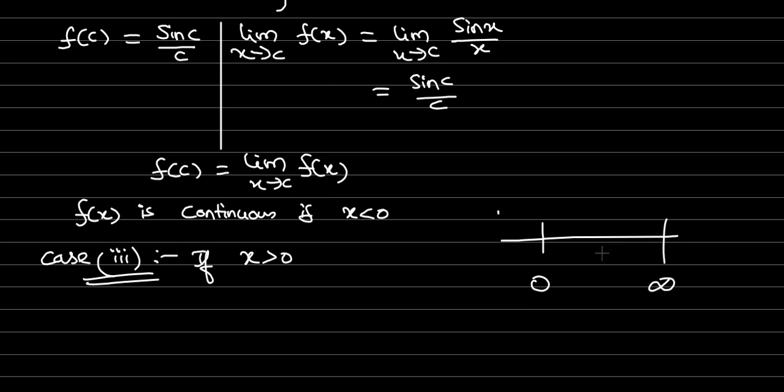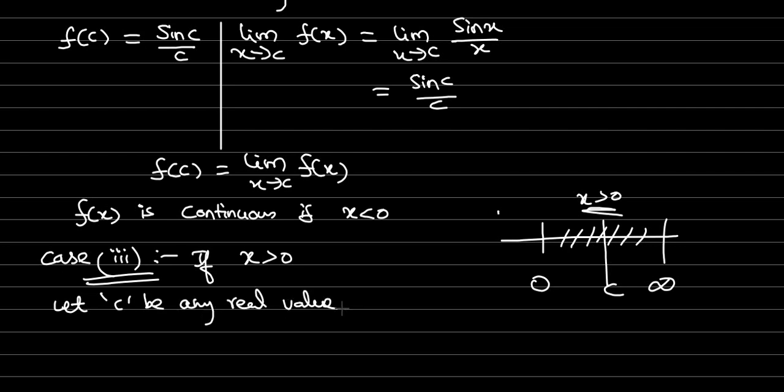So in this interval basically we are going to check the continuity. Here infinite real values lie. So let C be any real value, at the same time C is greater than 0.